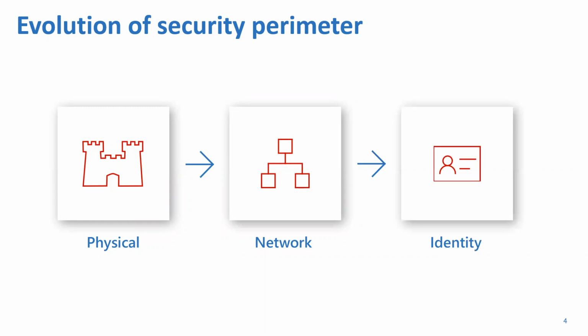The last is identity, right? In the 21st century, we have users using mobile devices, tablets, Windows, Mac. They access the systems from home, from office, from guest locations. The common parameter across all these various logins is identity, right? The username and password.